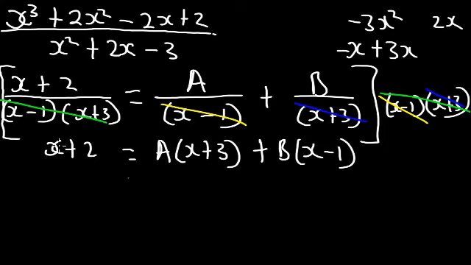So now we can determine the value of a and b respectively. First, let's determine the value of b. To solve for b, we need to make this to be 0. And for it to be 0, x plus 3 has to be 0. And x has to be equals to negative 3.